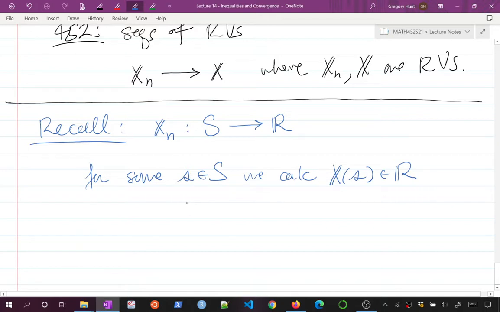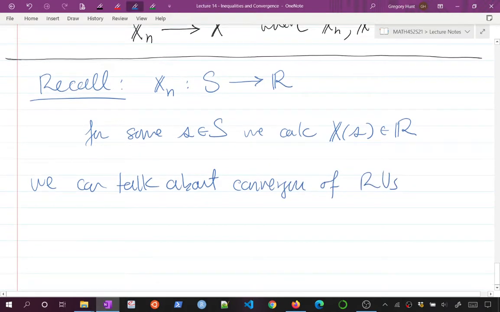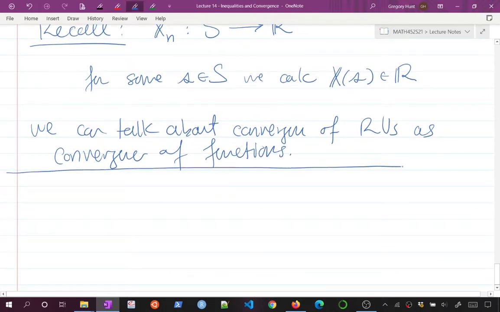And so we can talk about convergence of random variables as convergence of functions. And that's what we're going to do for the first little bit here, at least for half a minute.